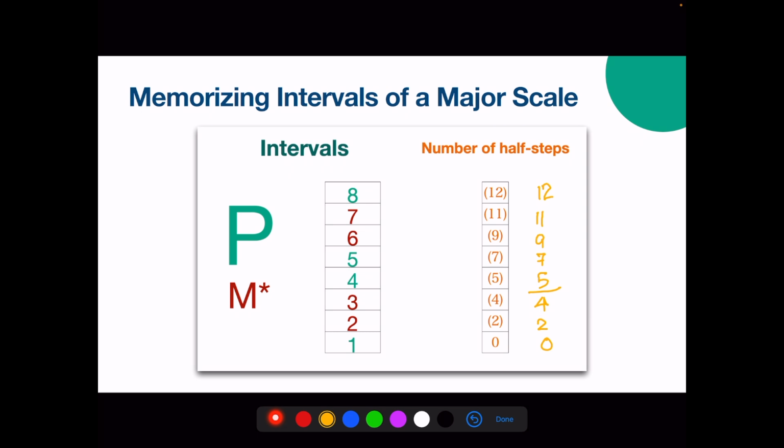So please try to remember this, whichever method you use, it doesn't matter, but you should be able to write this down on a separate piece of paper, right from your brain, okay? No peeking, no cheating. You should know exactly which intervals are perfect, which intervals are major, and then the corresponding number of half steps.